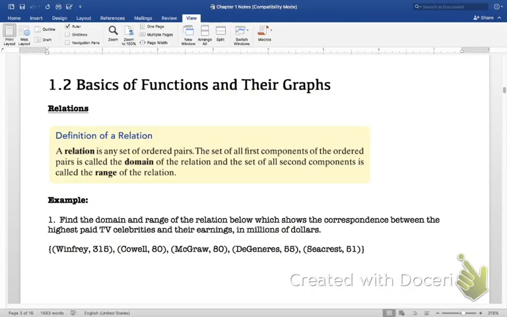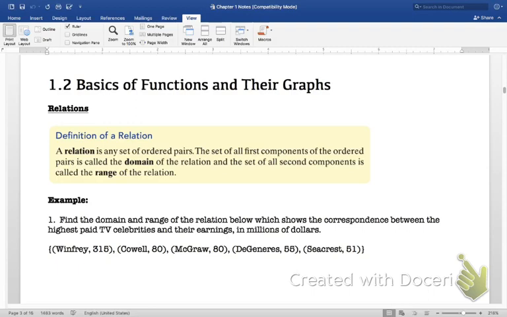Whenever we talk about the components, the domain and the range, when we graph functions, domain is always your x value or your input value. But when it's not just numbers, when it's an actual relation, like in this case, Oprah Winfrey, Simon Cowell, McGraw, Ellen DeGeneres, Ryan Seacrest, those would be your domain values because that's the first value. Then your range would be the second component, how much they make.